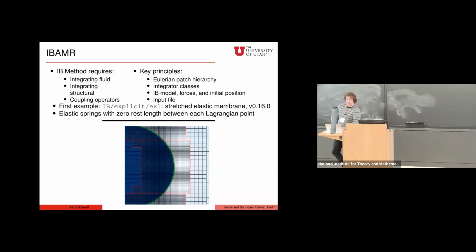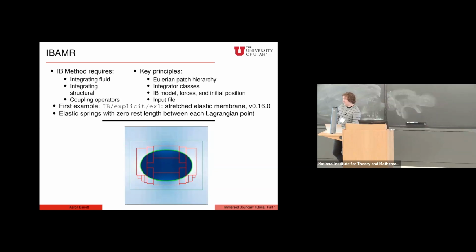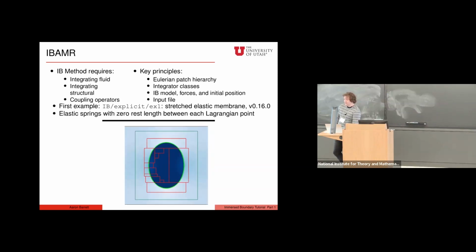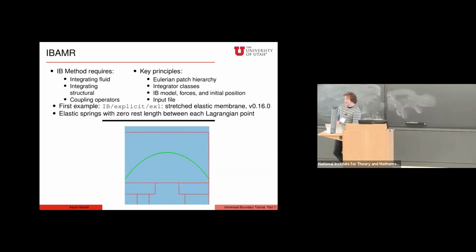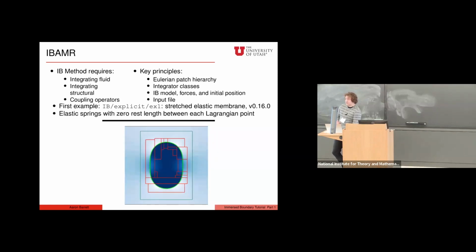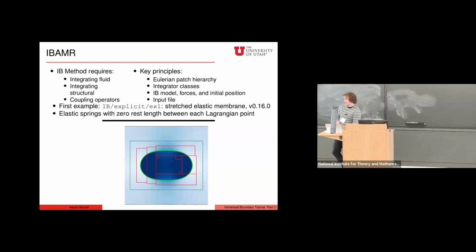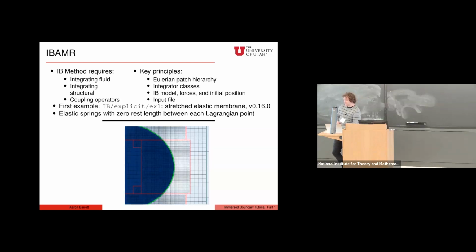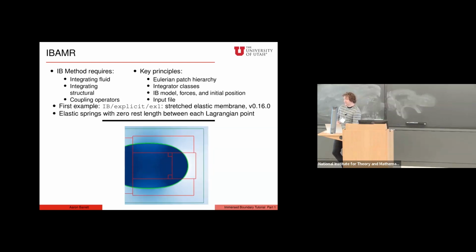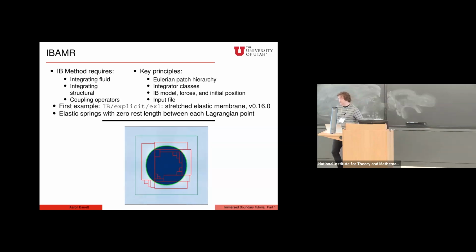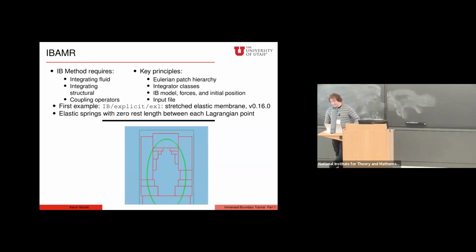To help with that, we have four key principles in IBAMR. There's a patch hierarchy object and associated objects that manage our adaptive mesh grid, the data layout, and the data associated with the Eulerian grid.